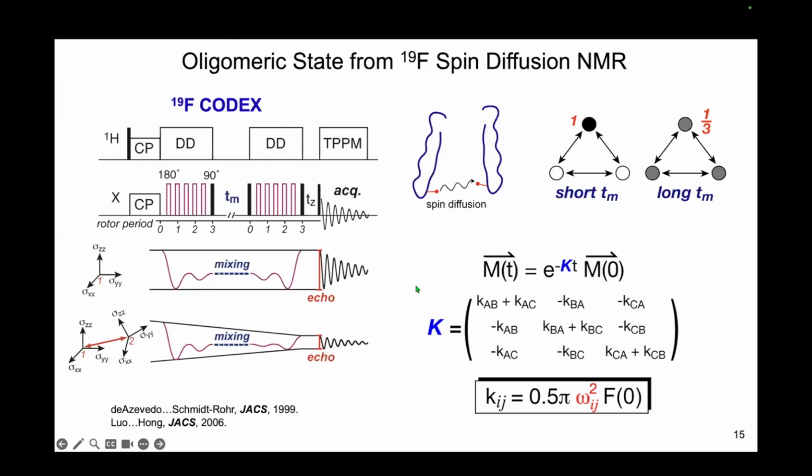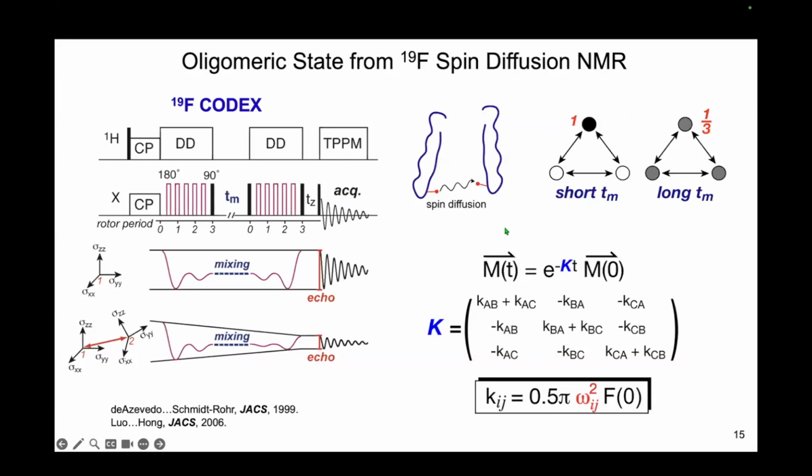In a nutshell, what CODEX measures is the spin diffusion effect from one fluorine to another if there are multiple fluorines in relatively close proximity, within about a 2 nanometer range. If there is such oligomer formation with fluorine magnetization transfer, then we can run this CODEX experiment to detect a spin echo.